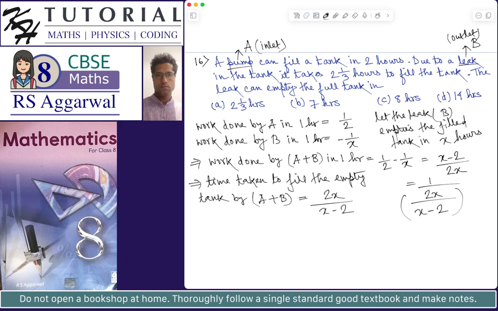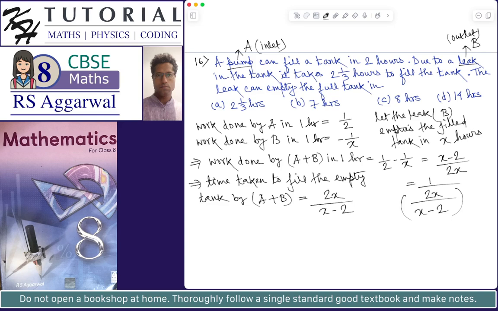This is from the rule of the inlet. That is, if in 1 hour the work done is 1 by n, and n is positive, then we say that the whole tank will be filled in n hours.